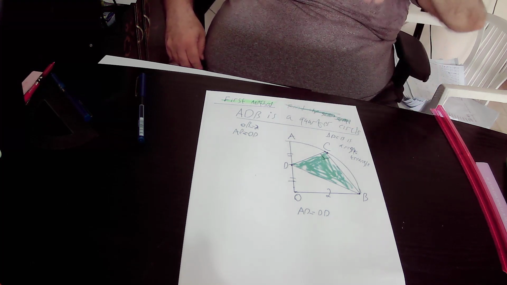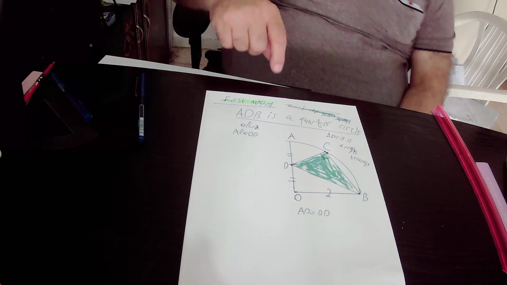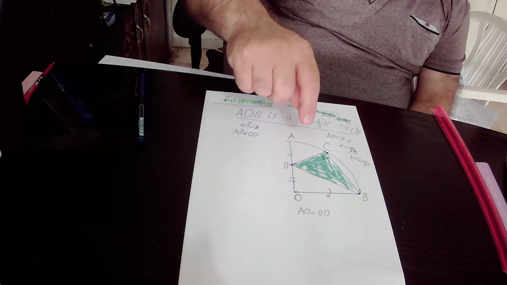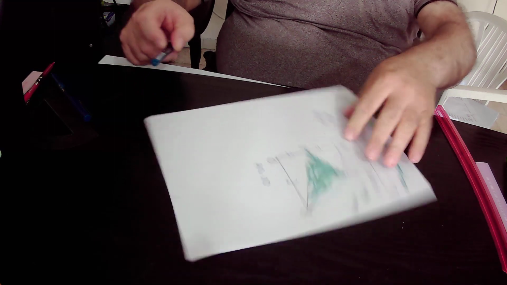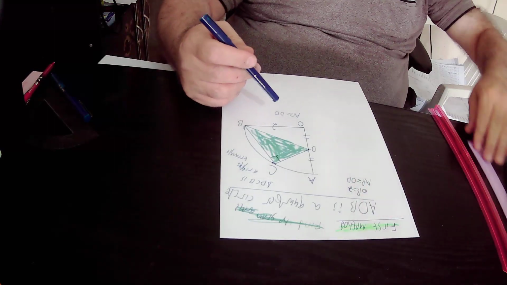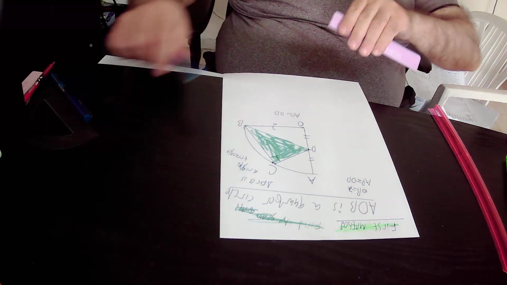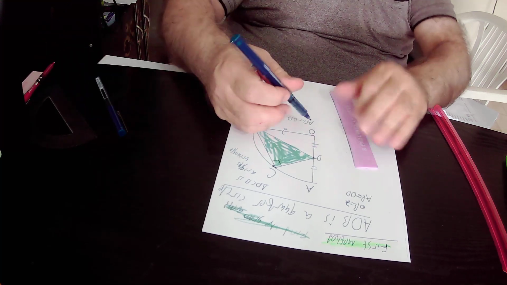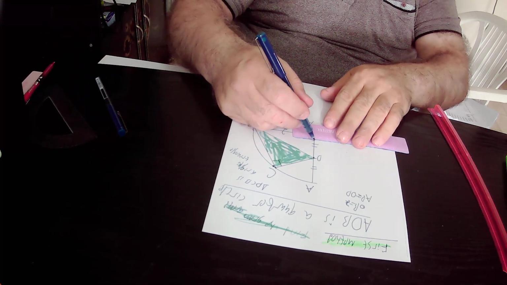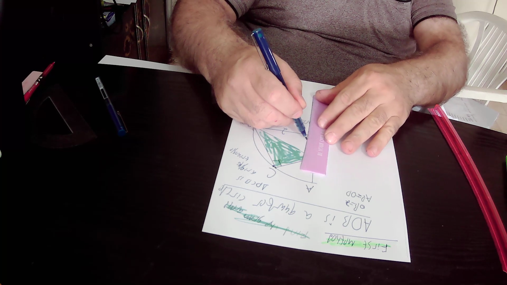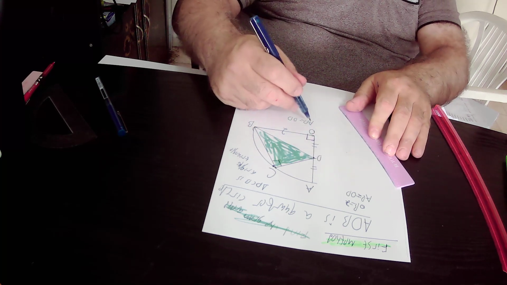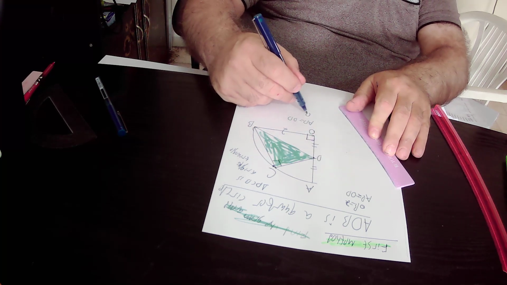So we'll start with the first method. Because AOB is a quarter circle, angle AOB must be equal to 90 degrees. Point O here is the center of the quarter circle.